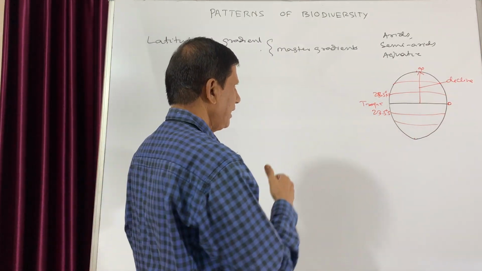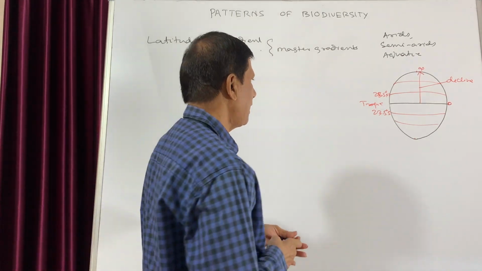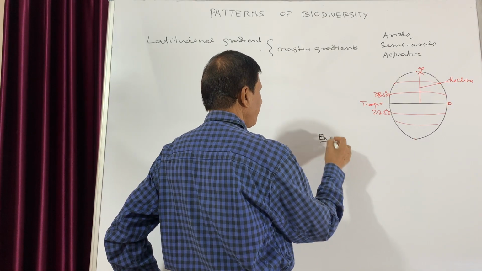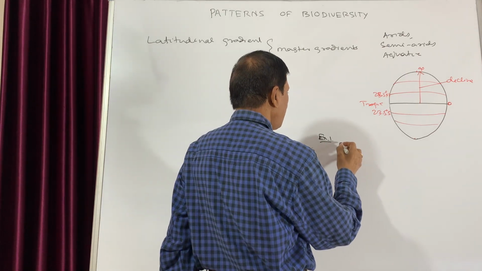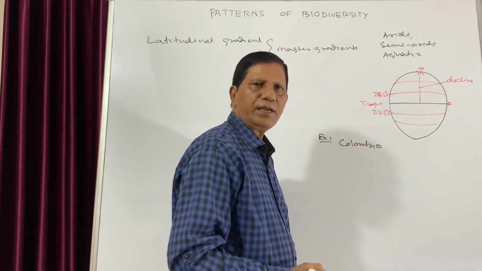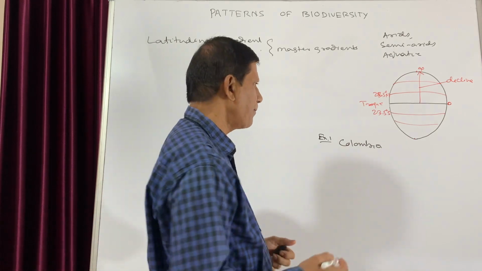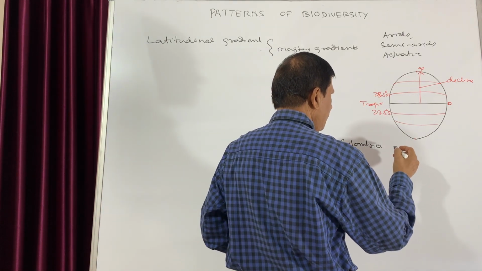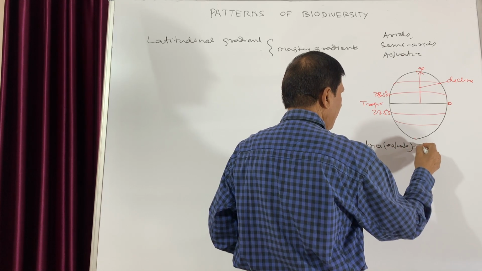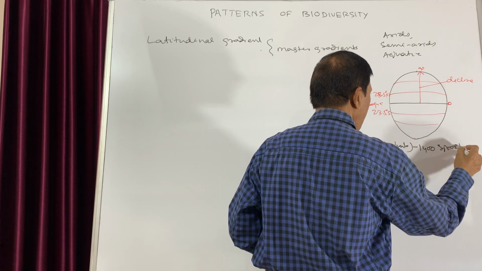Let us take some examples of how it is declining. Example number 1. Colombia is located in the equatorial region, that means the tropical area, and it has 1400 species of birds.